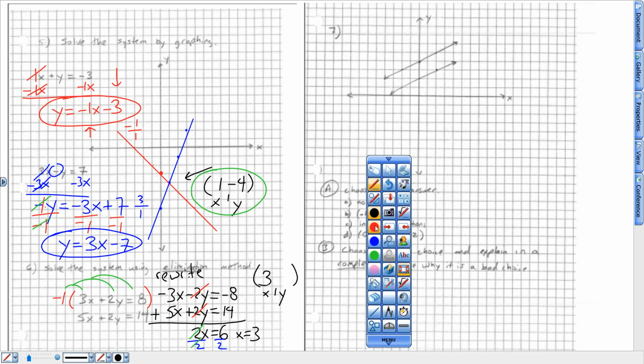Now take that 3, and wherever there's an x, plug that in. Doesn't matter which one you use. Looks like I'm going to use that top one there. So here I go. Where I plug in that x number, I plug in 3. Plus 2y equals 14. And then right there gives me 9.